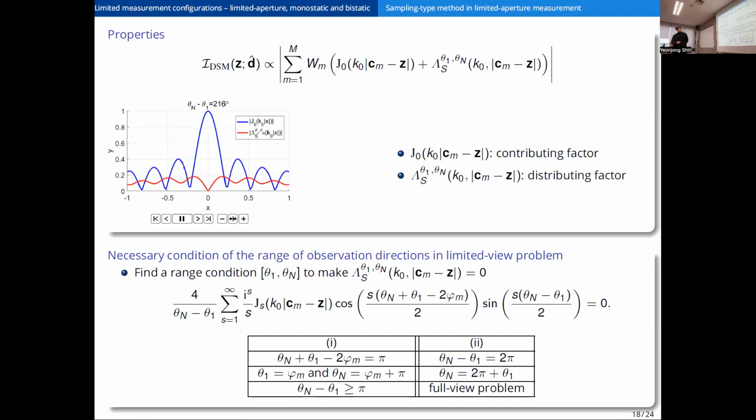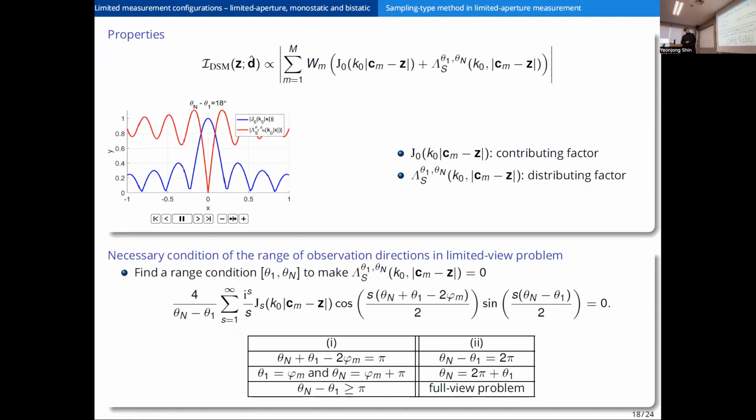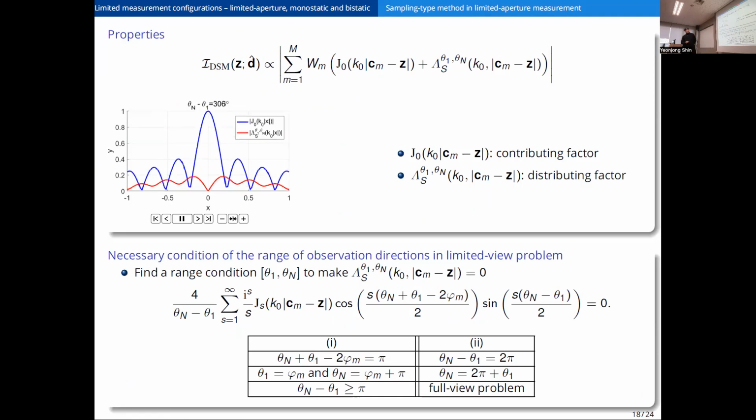Let's see this animation. Depending on the range, the blue line is just a Bessel function, and the red line is this other function. As the range of detection decreases, this increases, and this means that the Bessel function part is the controlling factor, and large gamma S is the disturbing factor for detecting the object.